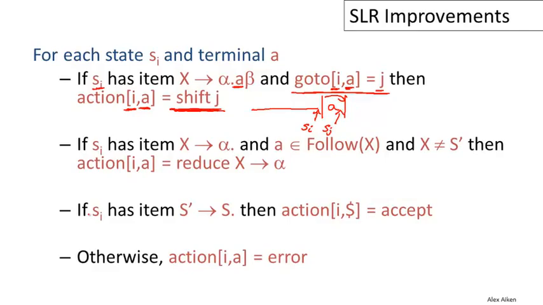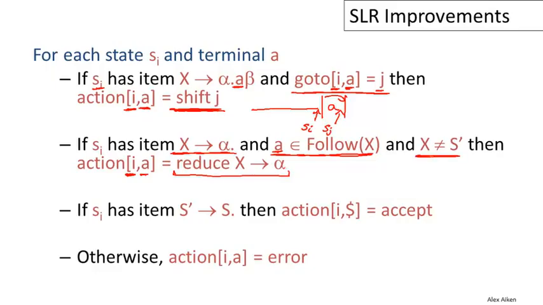The other three moves that go into the action table are things we've already seen. So if the final state of the automaton at the top of the stack has an item that says that we can reduce and the follow condition requirement is satisfied, namely that the next input can follow the left-hand side non-terminal of the production, then in the entry I, when we're in state Si and we have input A, we can reduce by the production X goes to alpha. And there's one exception here.